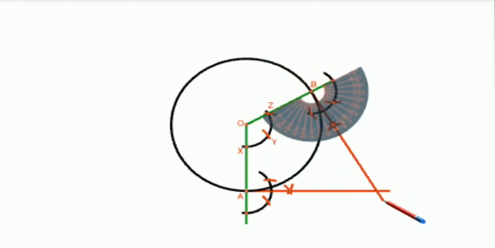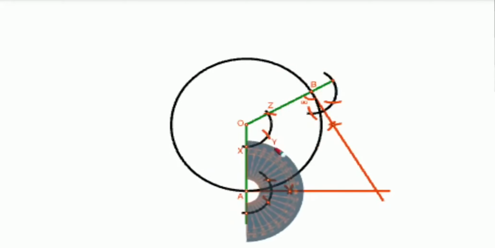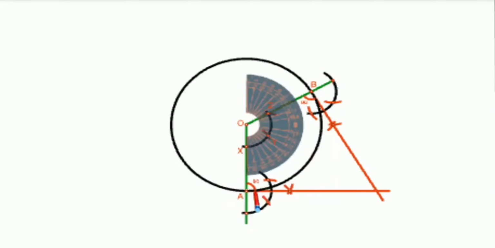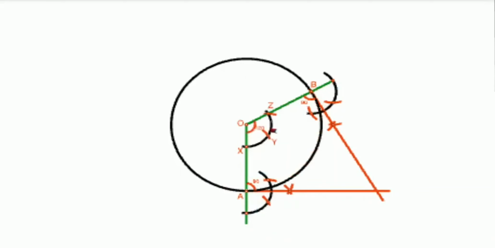Let us measure angle B, which comes as 90 degrees. Angle A, which is also 90 degrees. And angle O, the central angle, is 120 degrees. So all these angles are correct.